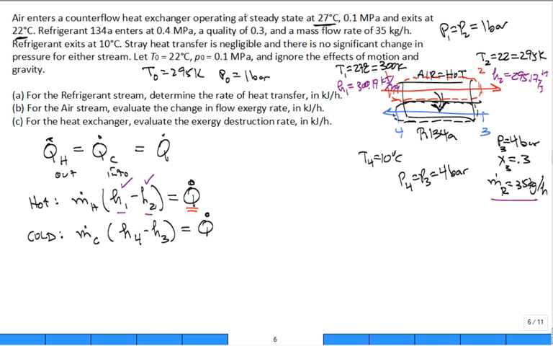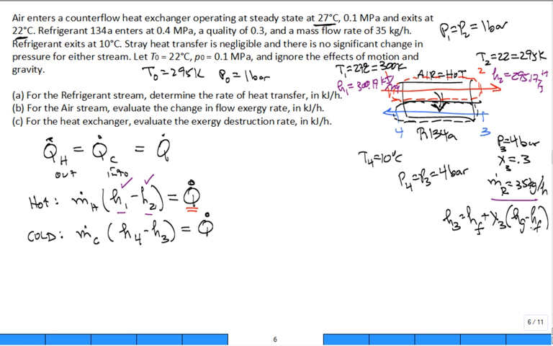Let's try this. Can we get the enthalpy at state 3 for the refrigerant? How would we get it? You have the quality, and you have the pressure. It's 4 bar. So we look at the refrigerant table. H3 is equal to hf at 4 bar plus the quality at state 3 times hfg, or hg minus hf.